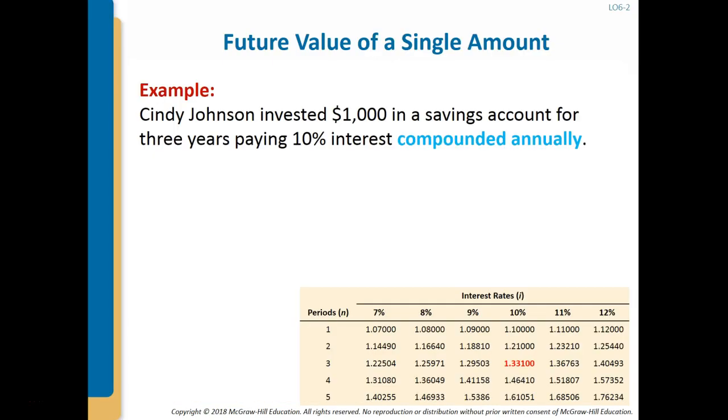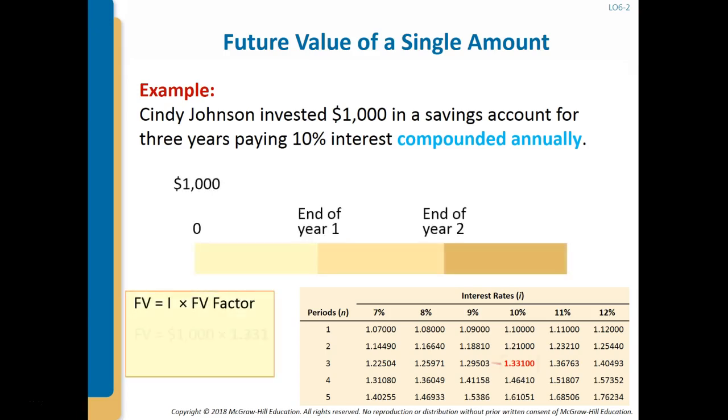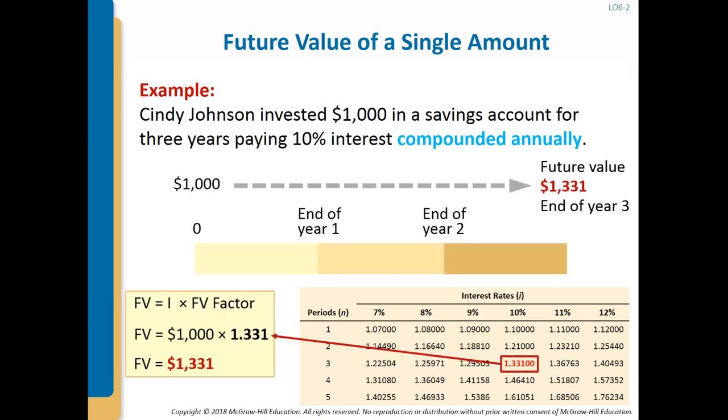So in this scenario, in Cindy's first example, in which $1,000 was invested for 3 years at 10% compounded annually, the $1,331 is referred to as the future value. A time diagram is a useful way to help visualize this relationship, with 0 indicating the date of the initial investment.